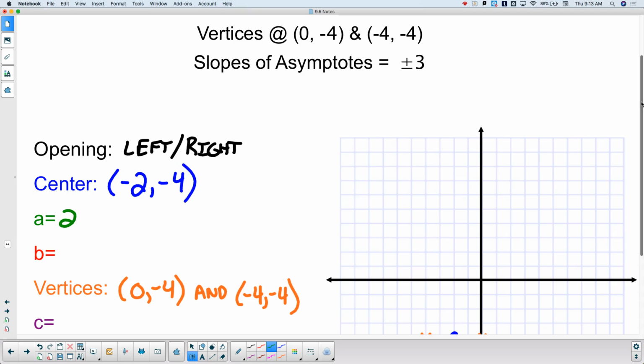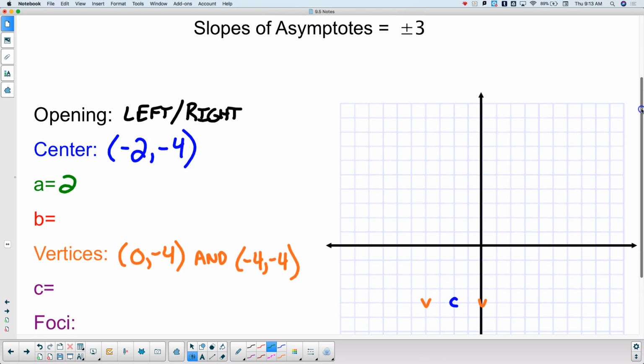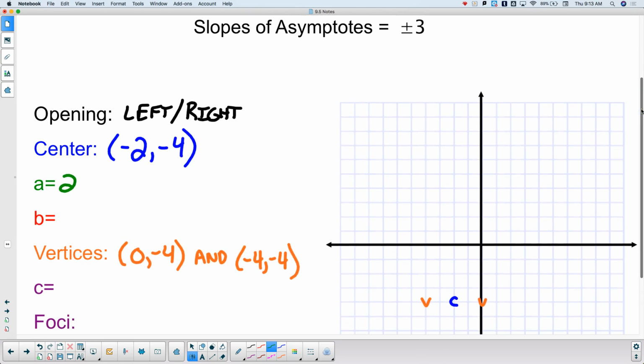Okay, so now let's go to the fact that the slopes of the asymptotes are plus and minus 3, positive and negative 3. What does that tell me? Or, conversely, how could I use that? The fact that the slopes of the asymptotes are positive and negative.